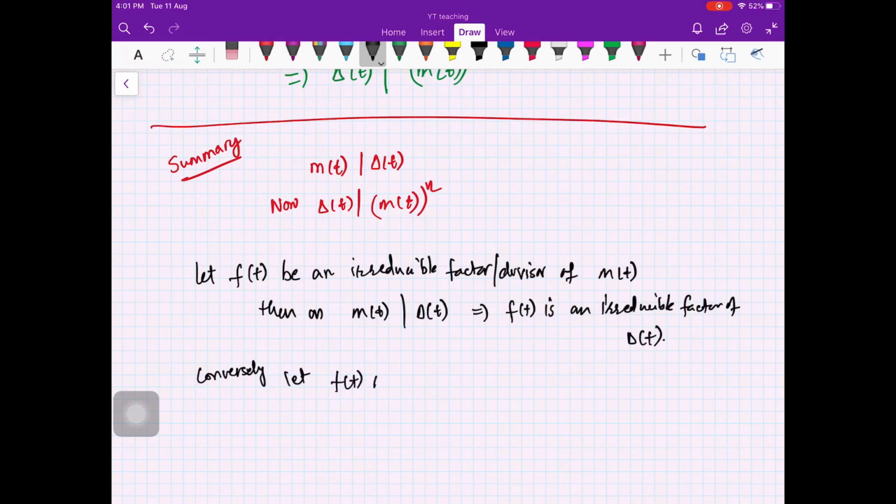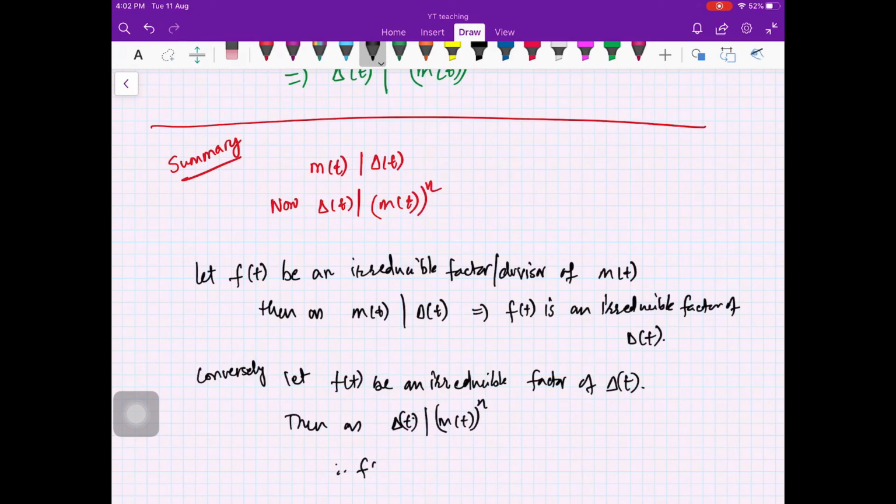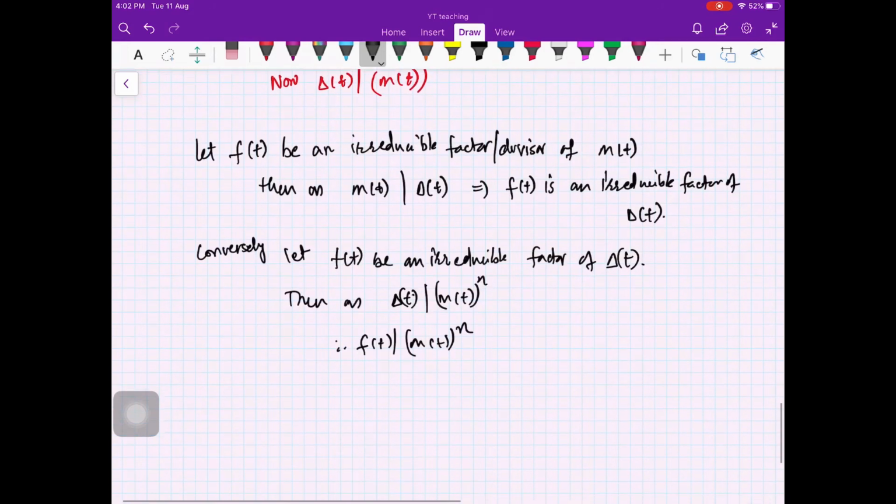let ft be an irreducible factor of del t. Then as del t divides mt raised to power n, therefore ft divides mt raised to power n.